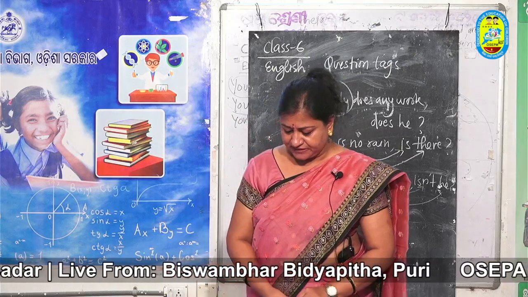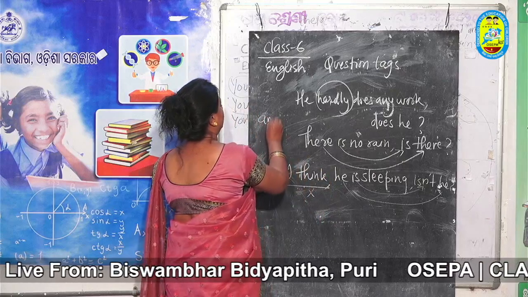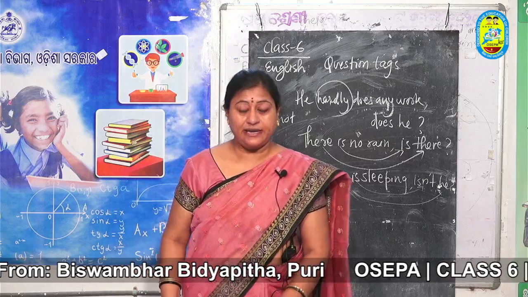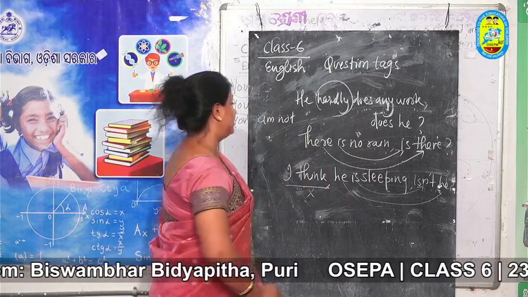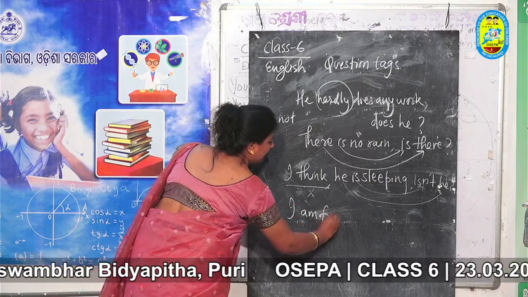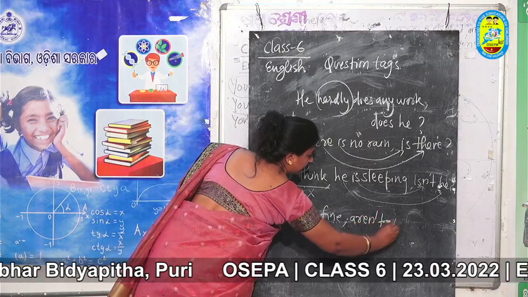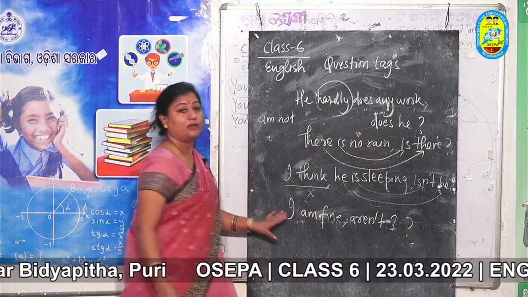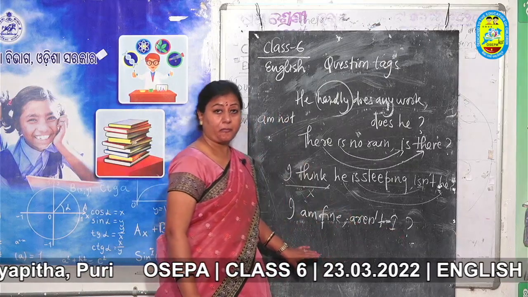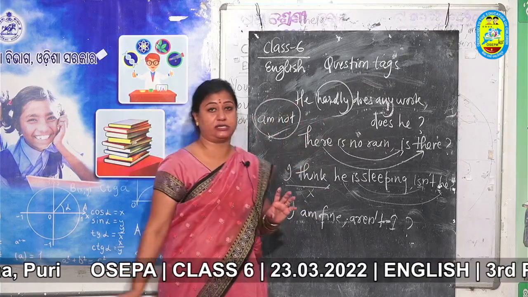Then there is no contraction for am not. When you see am not, there is no contraction. Okay? Suppose it is written I am fine. For am not, we no longer write it that way: aren't I? Okay. I am fine. Aren't I? There is no contraction for am not.